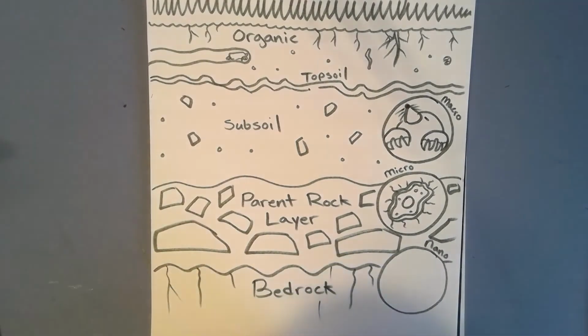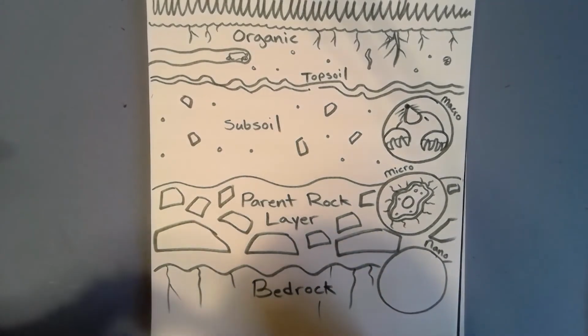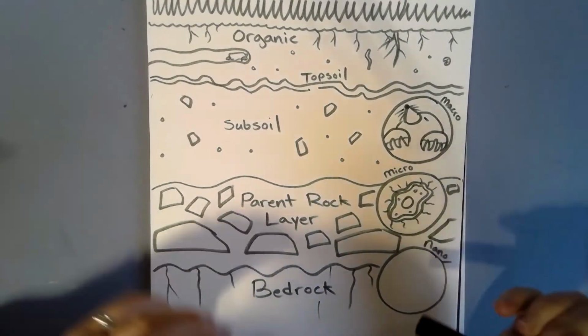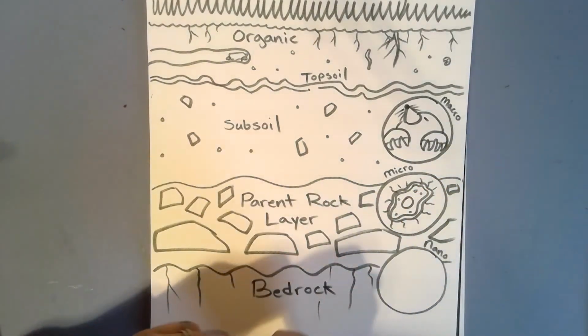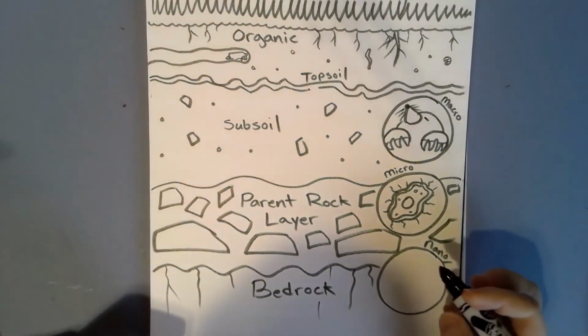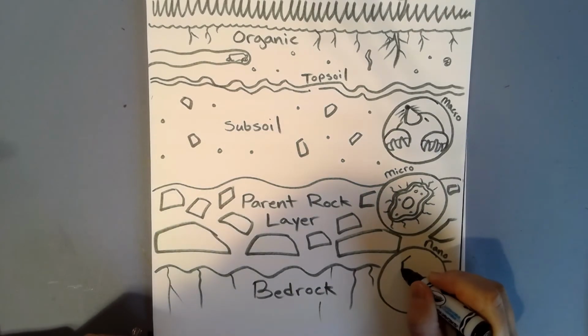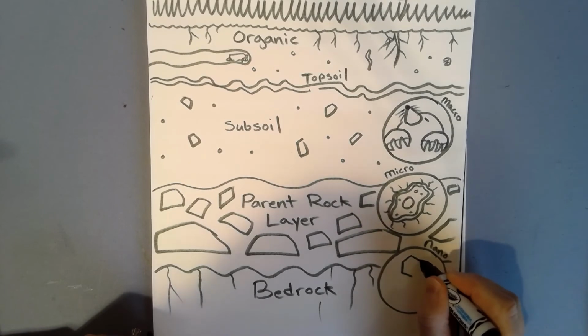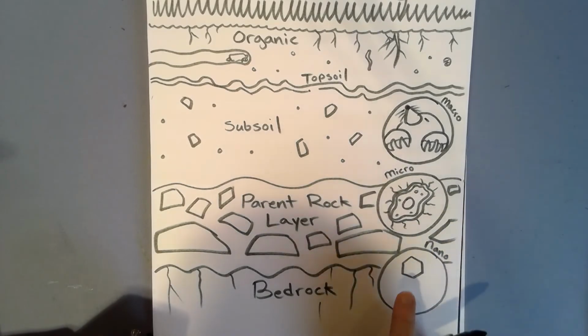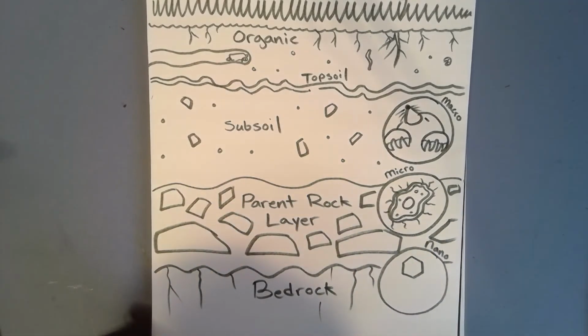Now the last one, the smallest one. These are pretty small, but what preys on them is even smaller, because for a nano you would need a special microscope to look at viruses that also live in the soil. Now not all bacteria and all viruses live in the soil. Go ahead and do a hexagon.